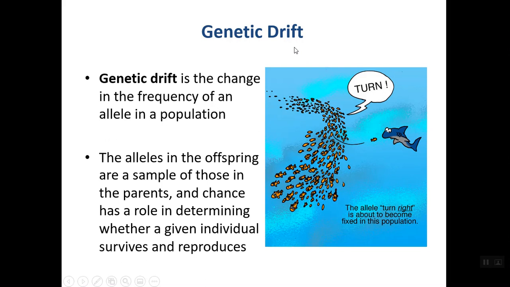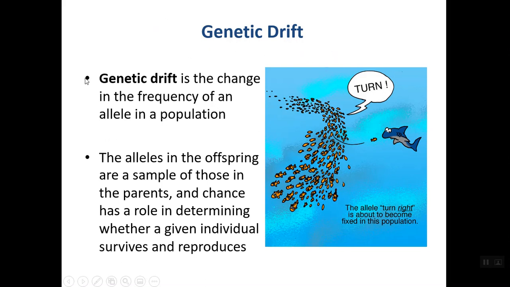But what will happen if there is no such equilibrium, if some of these equilibrium assumptions are disrupted? For instance, what if a natural selection event comes into play? What if a disaster hits a population? What's going to happen to this equilibrium? What's going to happen is known as genetic drift.